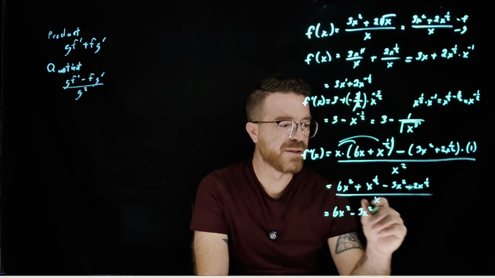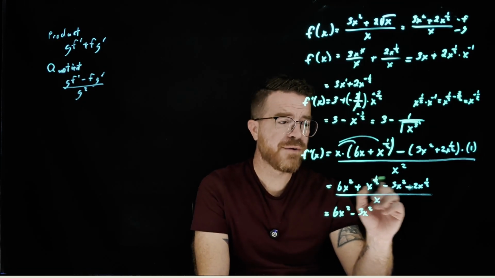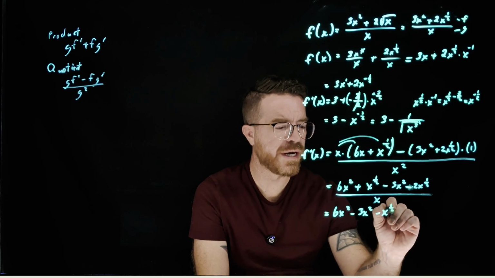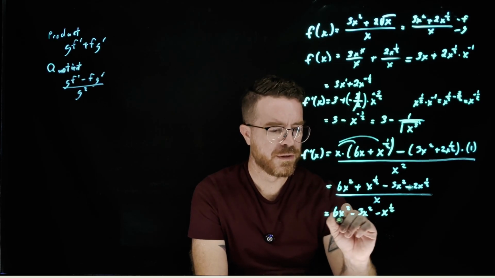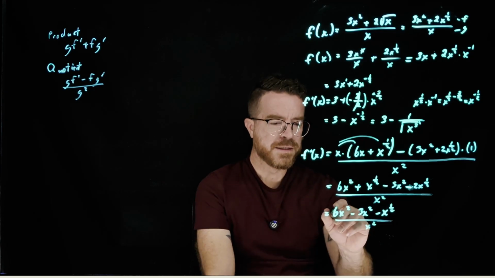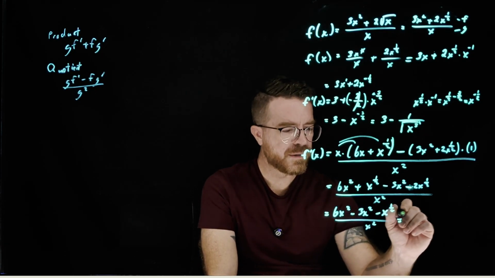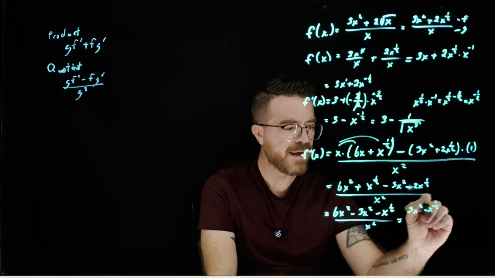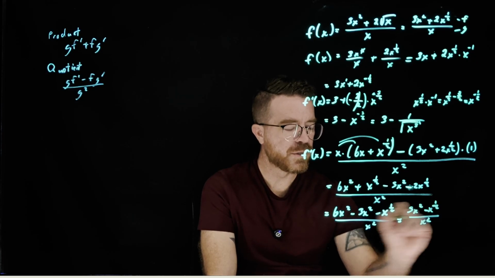I should actually need to combine those terms too. X to the 1/2 minus 2x to the 1/2 gives me minus x to the 1/2. Still divided by x squared. 6x squared minus 3x squared. So this is going to be 3x squared minus x to the 1/2 divided by x squared.